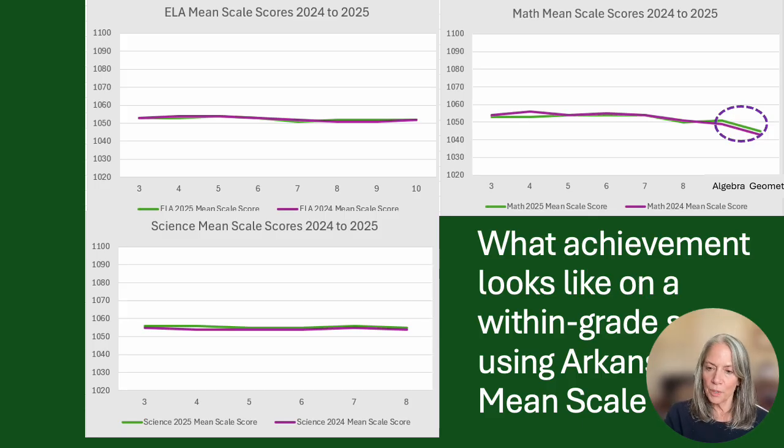You can see that it's pretty flat, but there are also some interesting things that happen, like in math, from algebra to geometry, where we have a drop from 8th grade math down to slightly lower algebra and geometry scores. So we want to take all the design considerations into account, including how our population has done in the past and how the population does this year, and that helps inform the growth scores for students.